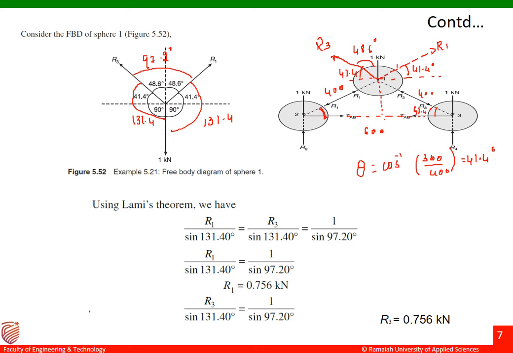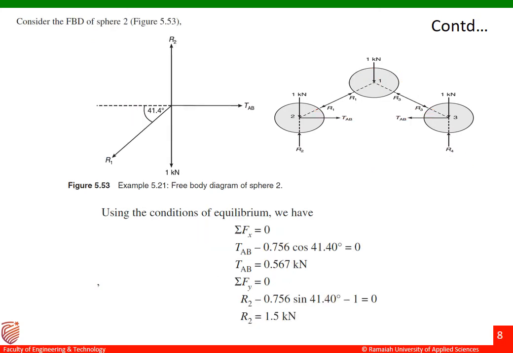So R3 is given by the formula 1 divided by sine 97.2 into sine 131.4. You'll get the answer for R3 as 0.756 kilonewton. So both R1 and R3 are the same, that is 0.756 kilonewton. Okay, so we found out R1 and R3 there. In the next slides, we'll find out the remaining forces.